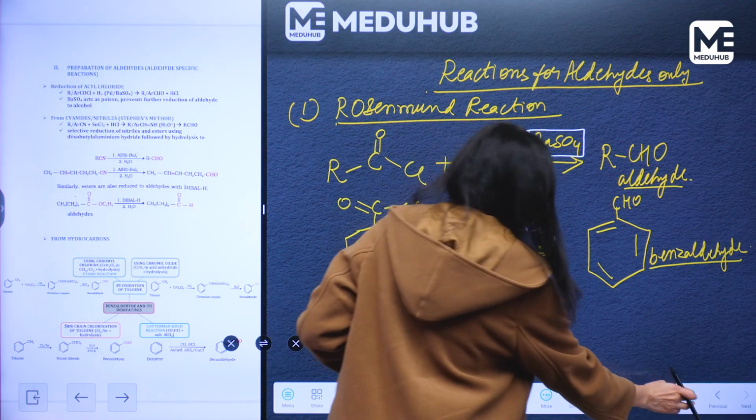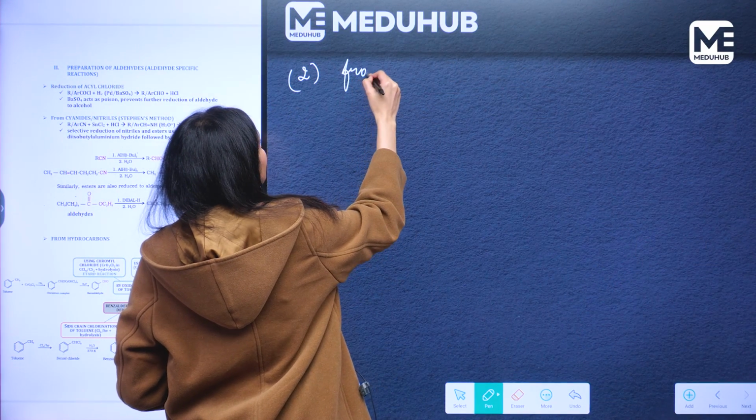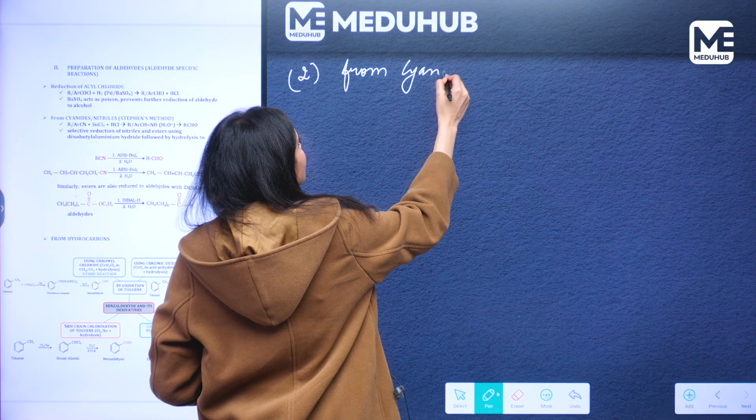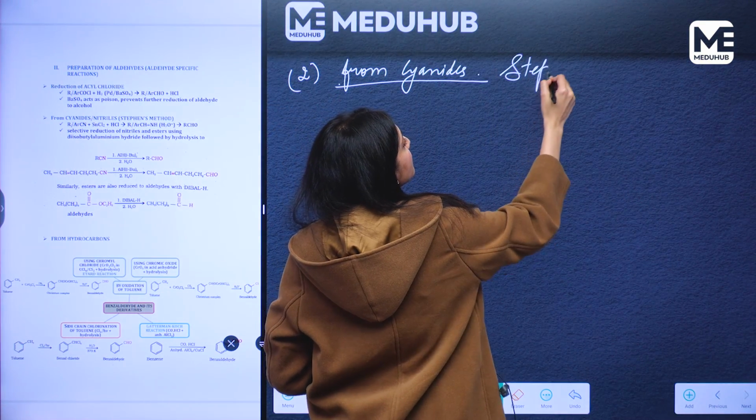The next reaction is from cyanides or nitriles. This is called the Stephen method. From cyanides, Stephen method.